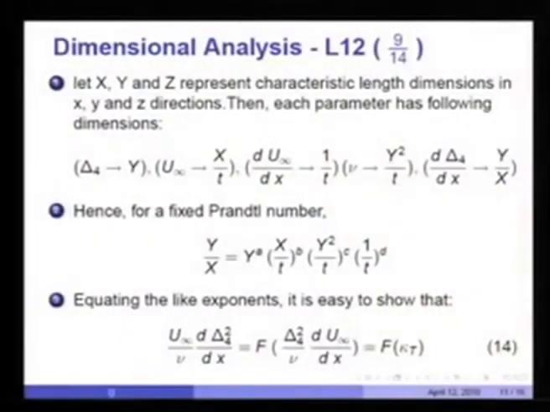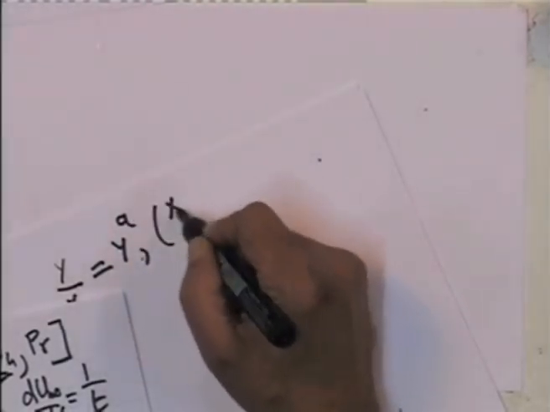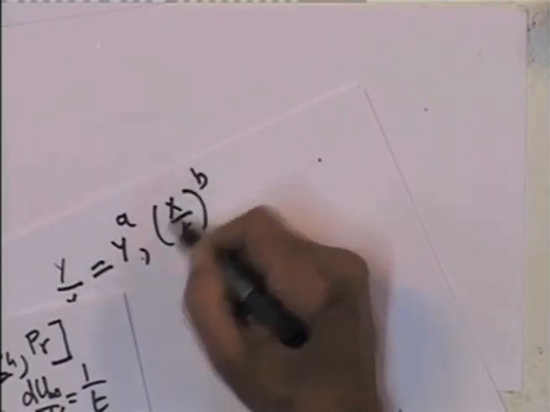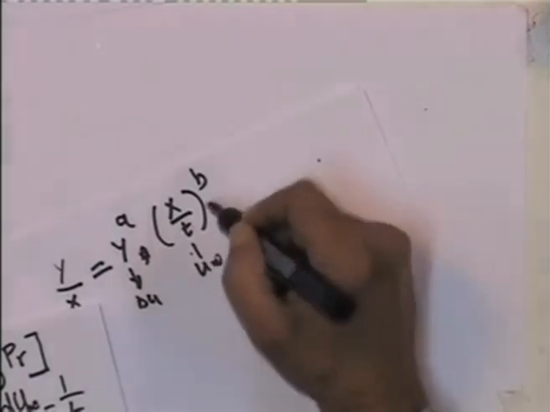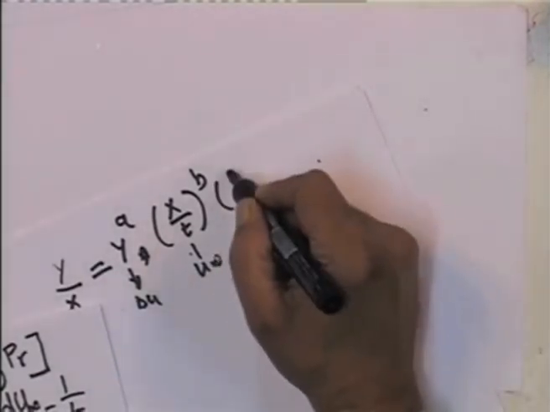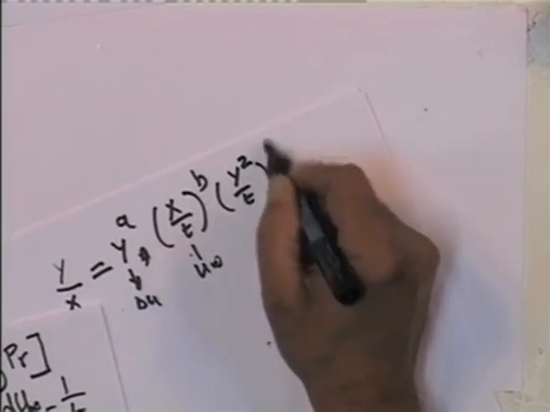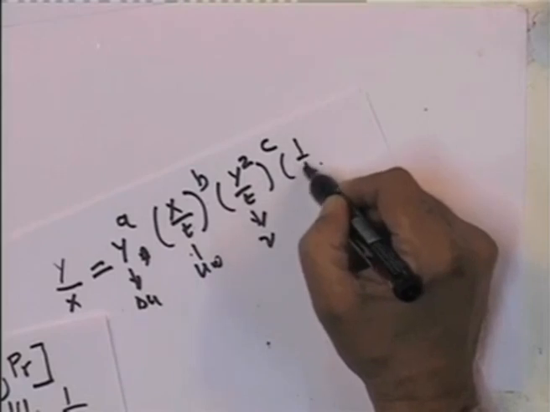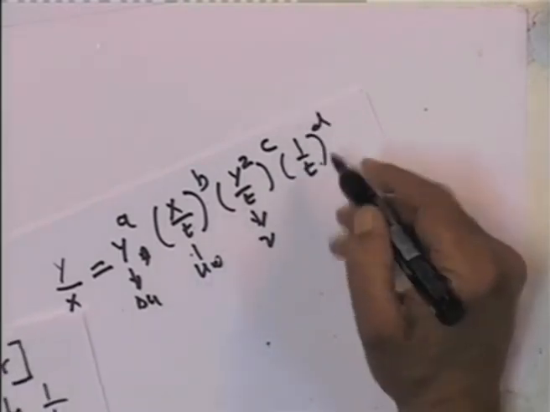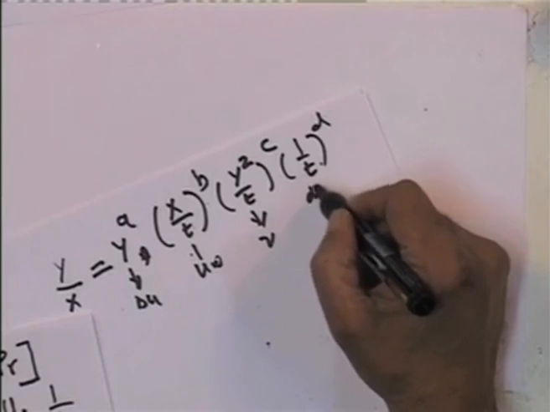If I were to carry out a dimensional analysis, I will get y by x, which is d delta 4 by dx, equal to first of all delta 4, which is y raised to a, then u infinity, x by t raised to b, then y squared by t raised to c, which is nothing but nu, and 1 over t raised to d, which is du infinity by dx.